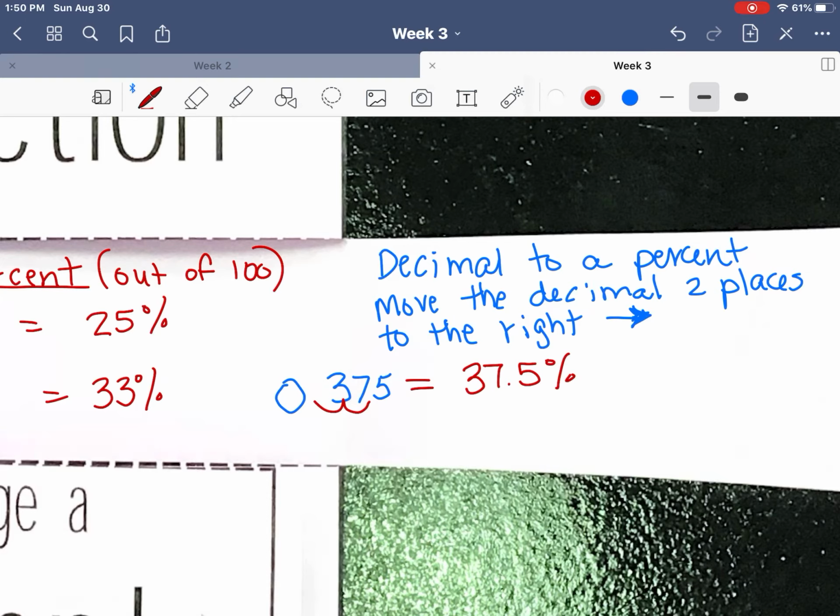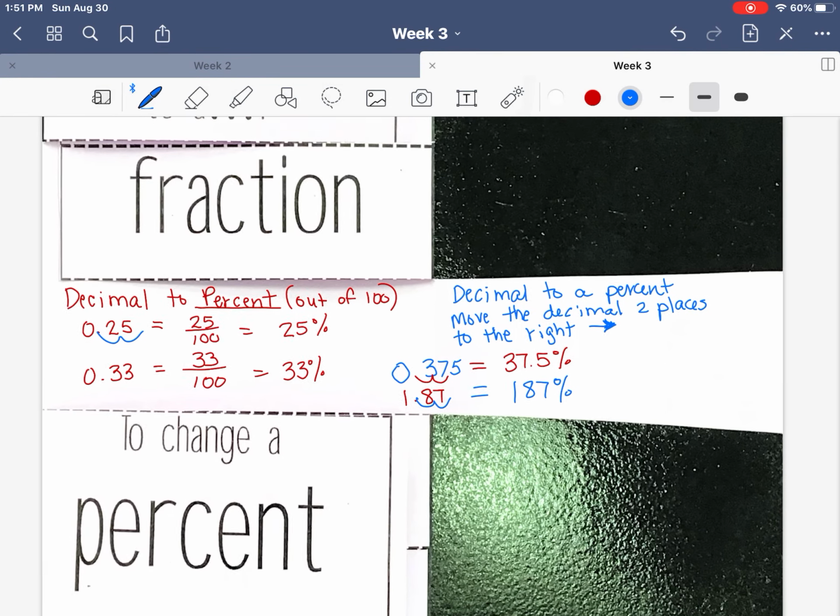Maybe you have a number before the decimal, like 1 and 87 hundredths. Still, just move the decimal over 2 places. 1.87 is 187%. Yes, you can have more than 100% of something. You can have one whole and then another part of that something, especially where numbers are concerned.